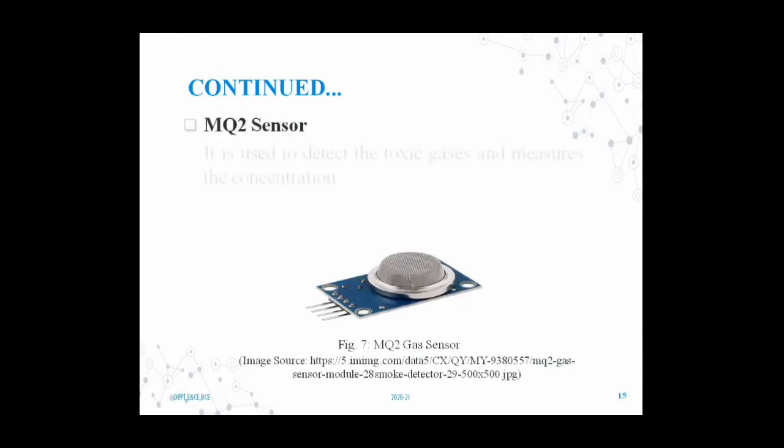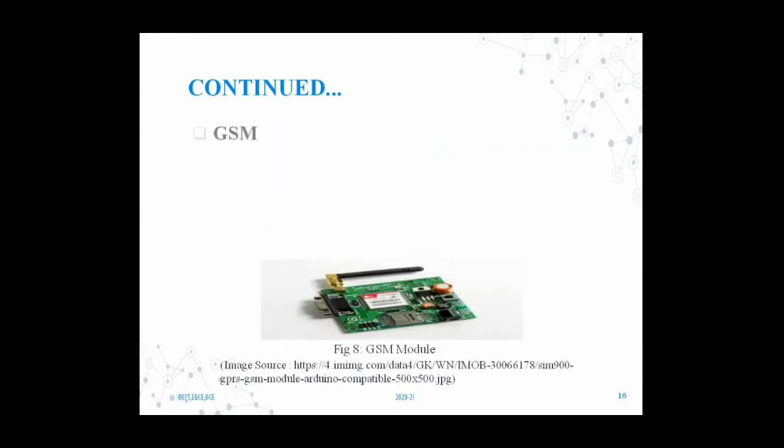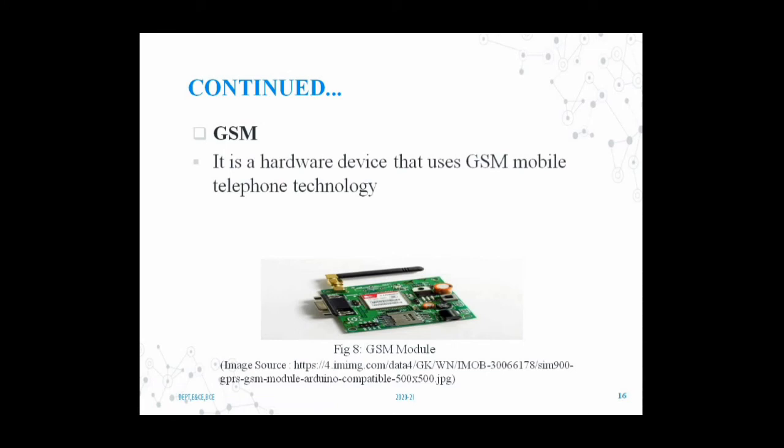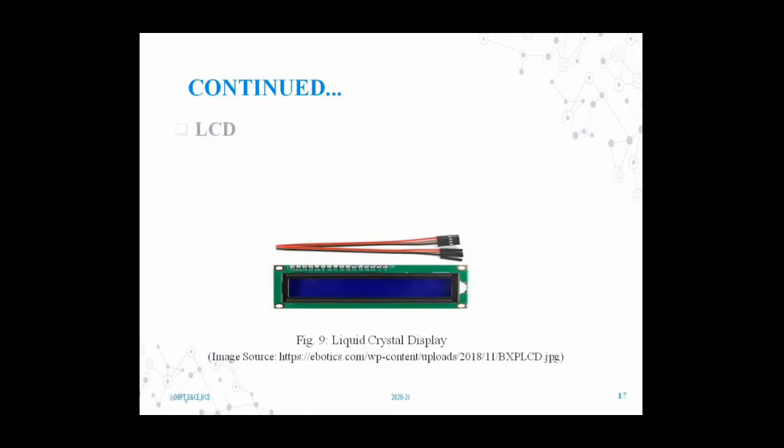MQ2 sensor. It is used to detect toxic gas and measure the concentration. It detects LPG, smoke, propane, alcohol, and carbon monoxide concentrations. GSM module. It is a hardware device that uses GSM mobile telephone technology. It is used to enable communication between a microcontroller and the GSM network.